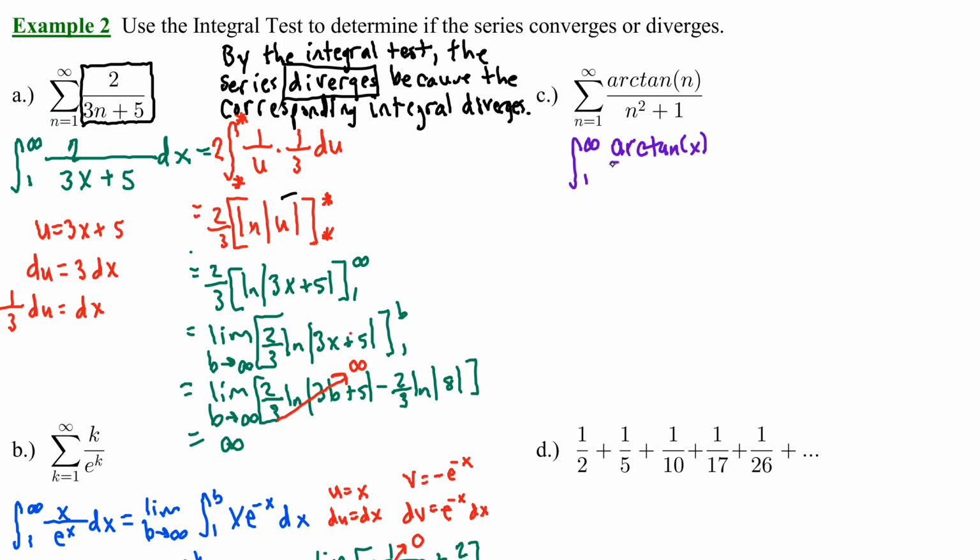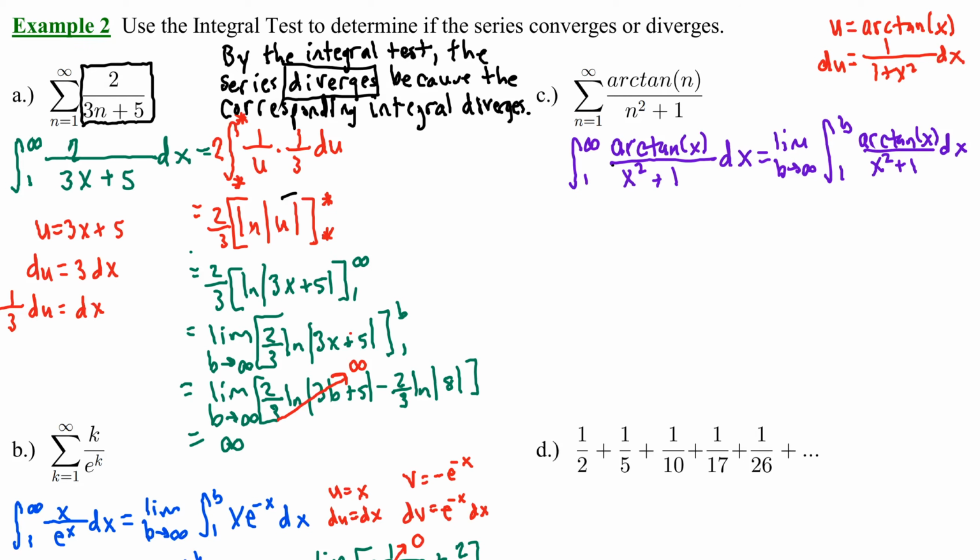If you notice the relationship between the numerator and the denominator, if we let u be arctangent of x, then du is 1 over 1 plus x squared, or x squared plus 1 dx. So we'll be able to rewrite that integrand very simply as u du.